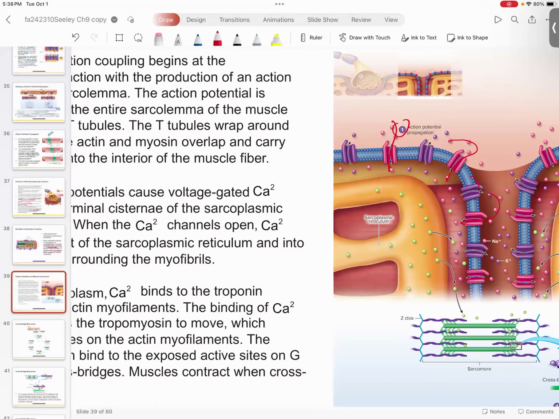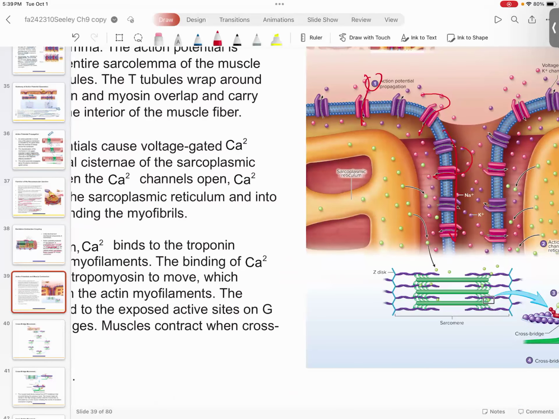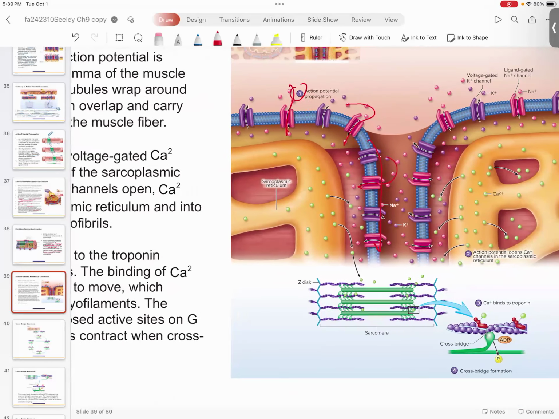Then you have propagation in this direction as it goes down and starts diving into the T-tubules. As it passes, the calcium channels will sense this voltage change, open up, and allow the calcium to rush out into the muscle fiber itself.